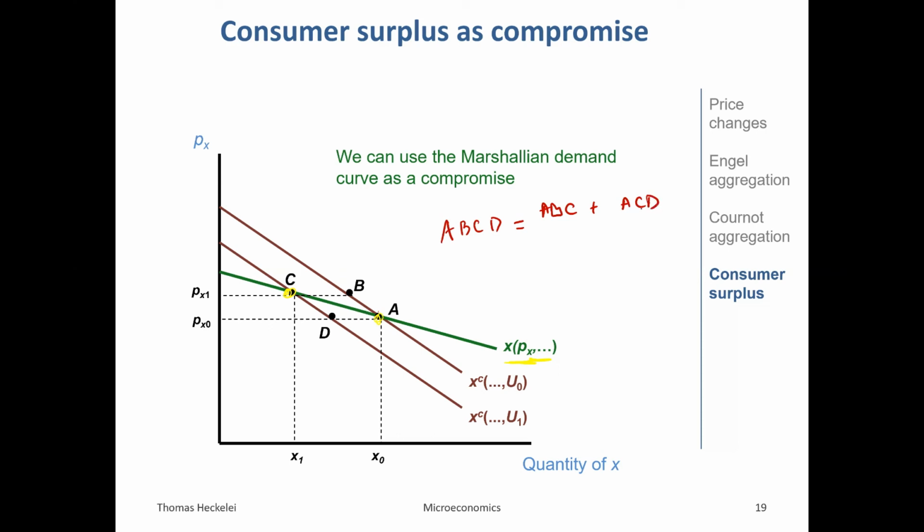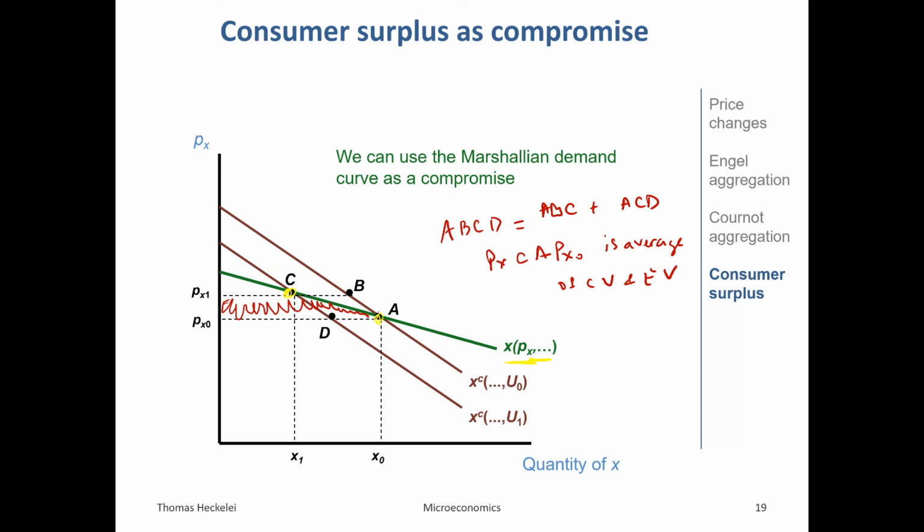So to say, the area below the Marshallian demand function, which is now this part, in between the two prices and below the Marshallian demand function, which is Px1, C, A, Px0, is somewhat an average of CV and EV.